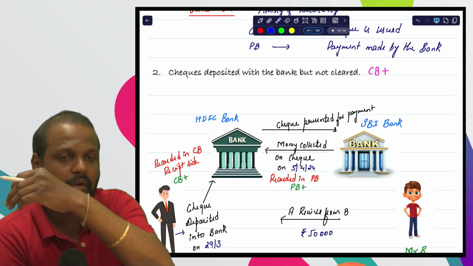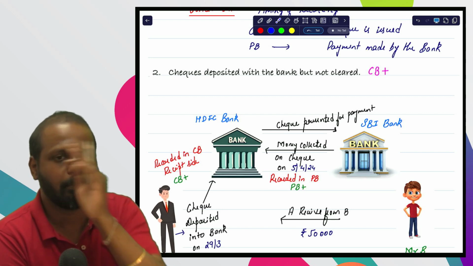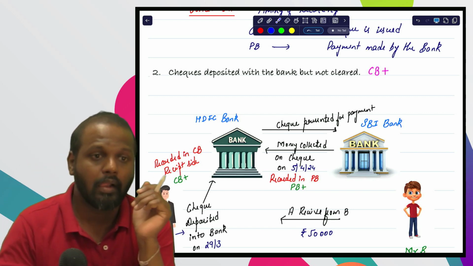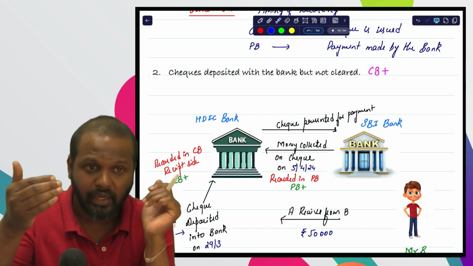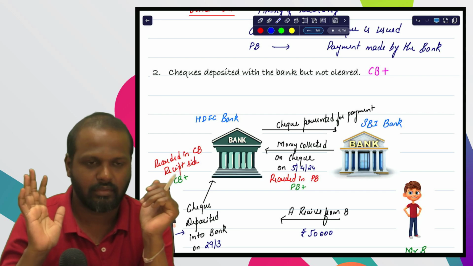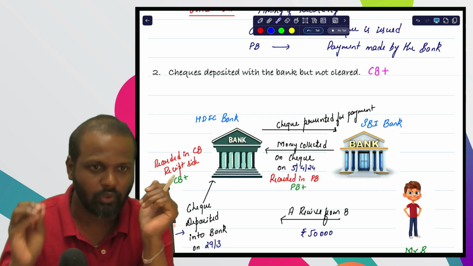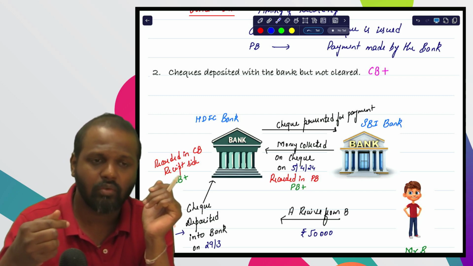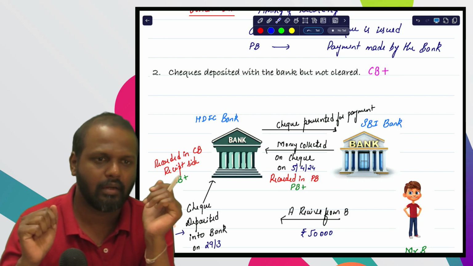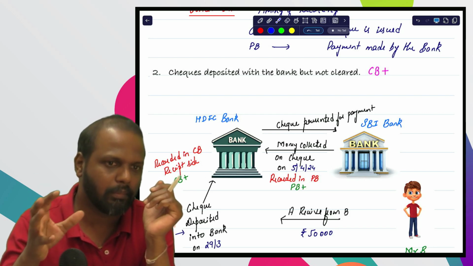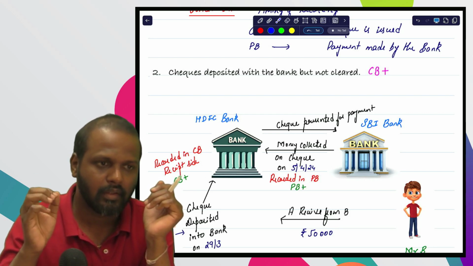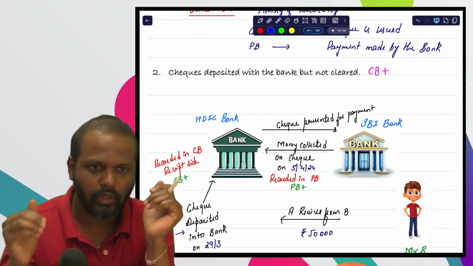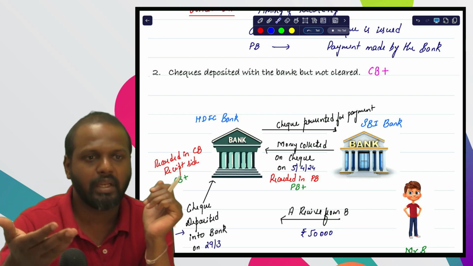Let's say I've deposited the check into my bank account. Let us say my bank has not yet received the money on that particular check. So after 1 or 2 days, I went to the bank and I told the bank manager, sir, I have deposited the check 1-2 days before, but still I have not received the money into my bank account.